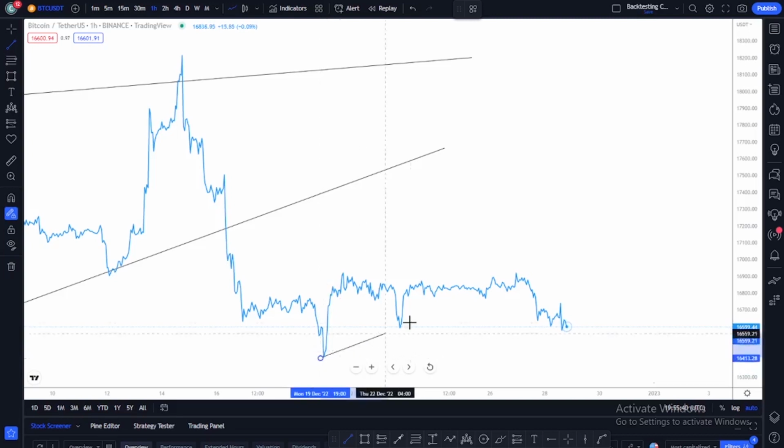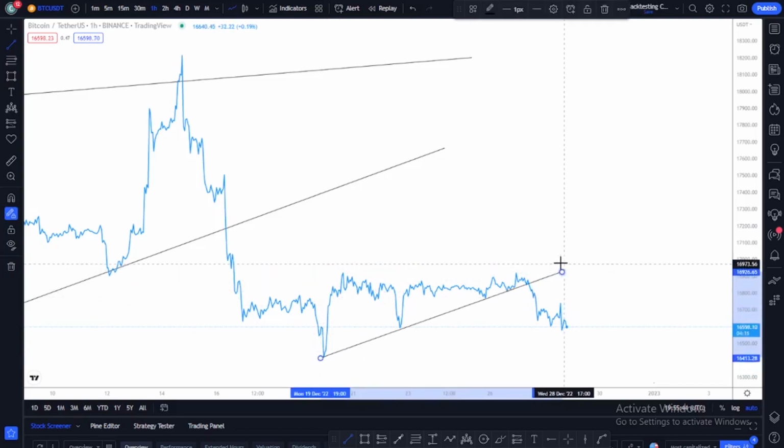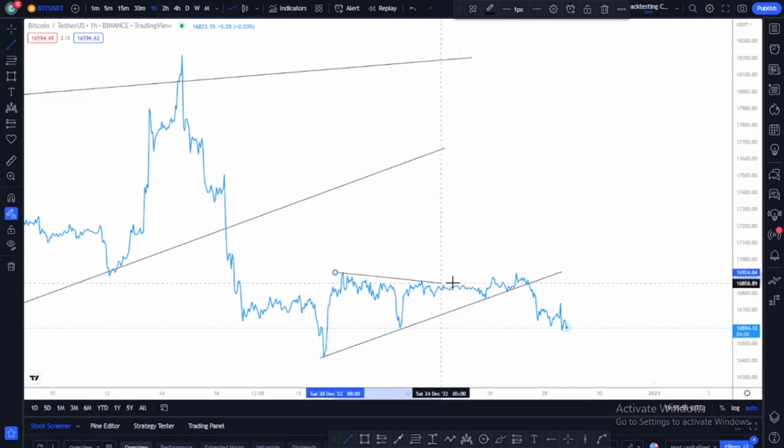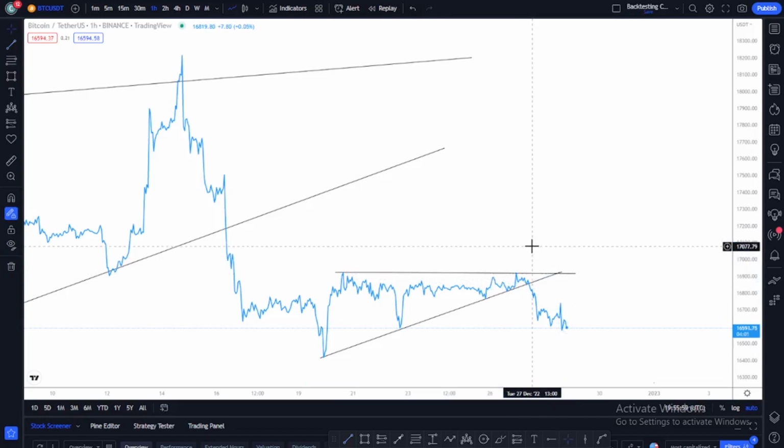So all what I did was to draw my trend line from this point right across to this point, okay, and draw another one on top from this point to this point. And this chart pattern is called the bearish pennant pattern.